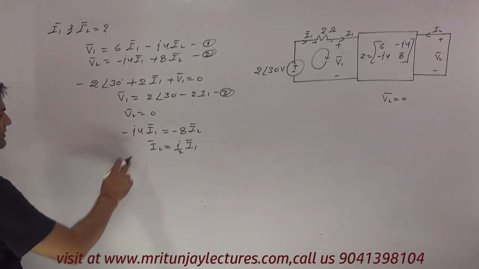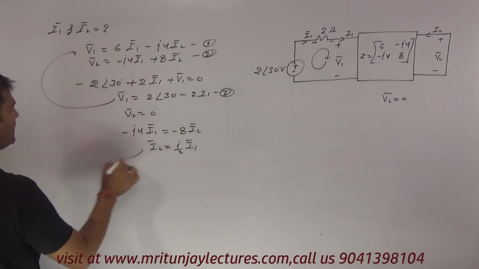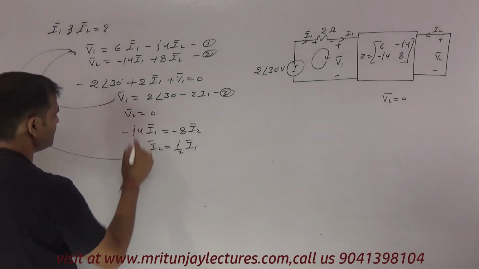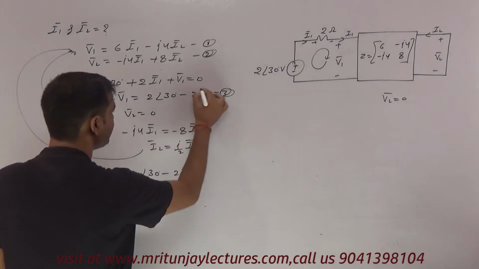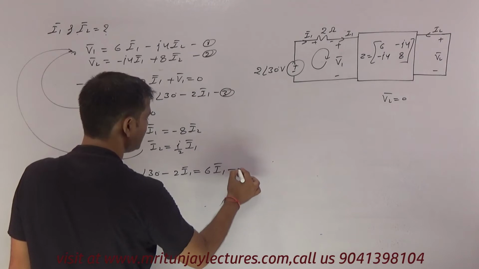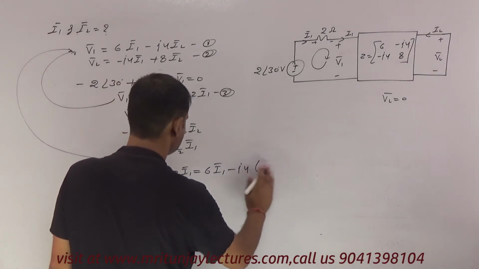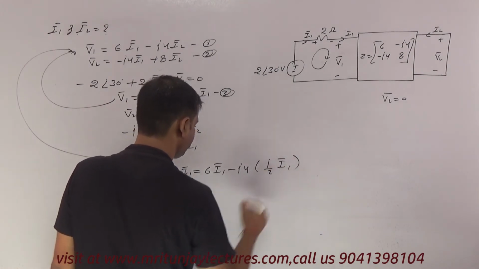If this value is put in equation number 1, that is 2 at the angle 30 degrees minus 2 I1, this will equal 6 I1 minus J4 into J by 2 into I1.